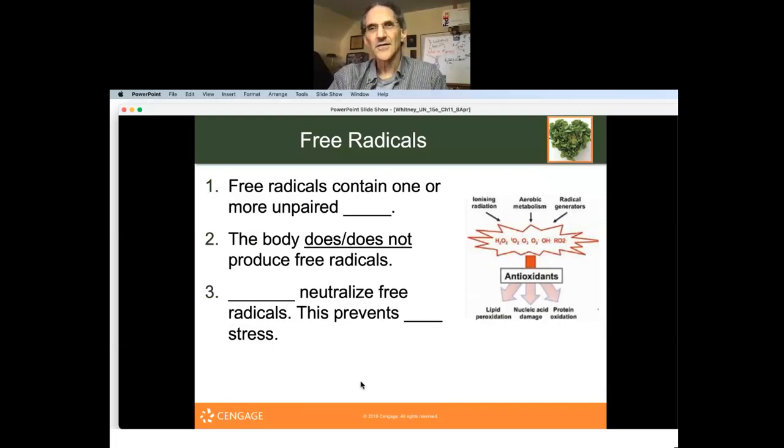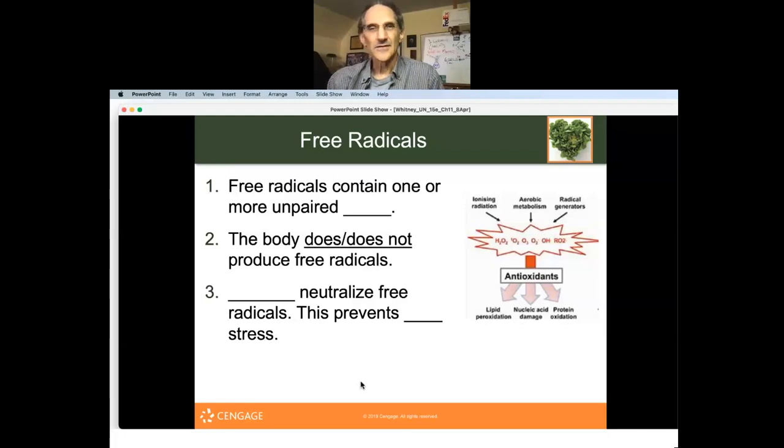Free radicals are those troublesome reactive species of chemicals that come from a variety of sources. It could be ionizing radiation. It could be our own metabolism, because we're not perfectly efficient. We do give off some extra energy, and that's what makes these molecules packed with energy, with nowhere else to go but trying to react with tissue, and that's why they're troublesome.